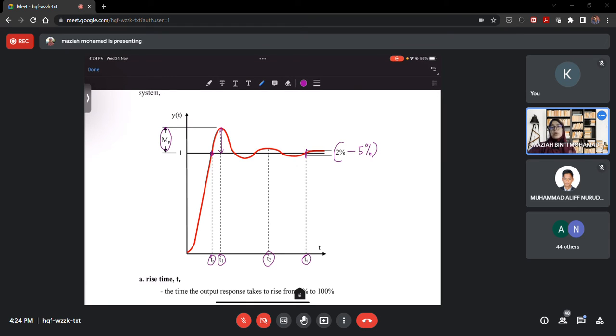If the output is within 2%, changing, increasing and decreasing but still within 2%, we consider the system to have reached the final value.